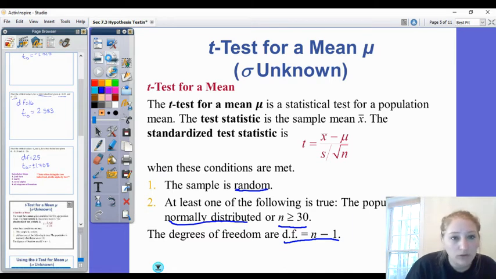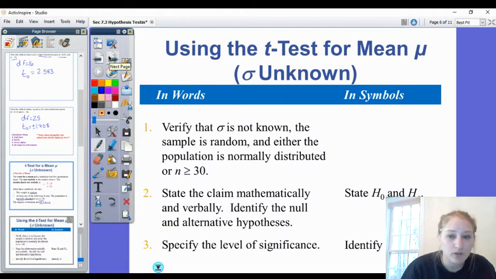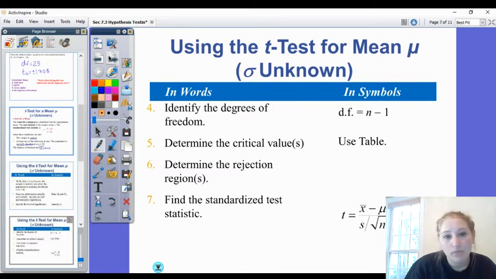So let's run through the procedure. Just like before, we're going to verify that we don't know our population standard deviation, the sample is random, and it's either normally distributed or your sample size is greater than 30. Then you're going to state your claim, identify your null and alternative hypothesis, identify the level of significance, find the degrees of freedom, use the table or your calculator, determine your rejection region, and then find the standardized test statistic.